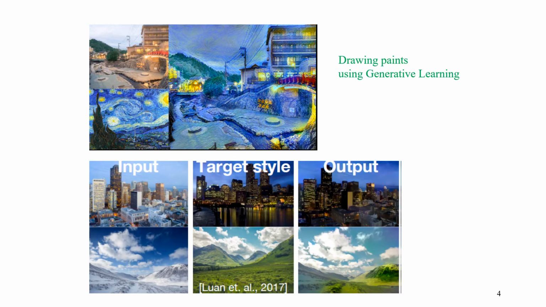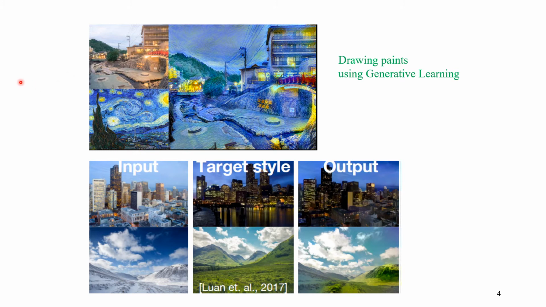This is another interesting application of deep learning. Here you train your deep learning model, in this case again a GAN, using a lot of Van Gogh paintings.